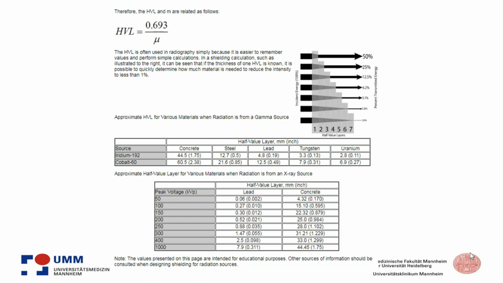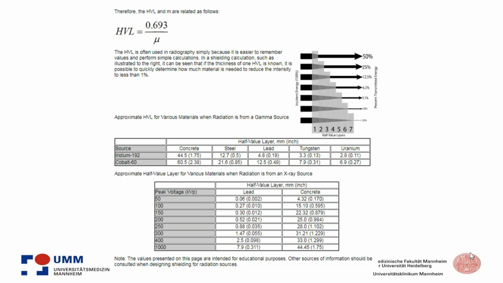And you see if you have a higher density, you need less material or less thickness to have the same effect for the same situation. So if you want to shield cobalt 60, you can do this with uranium, and this is the thinnest layer you can have to shield this intensity by a half.